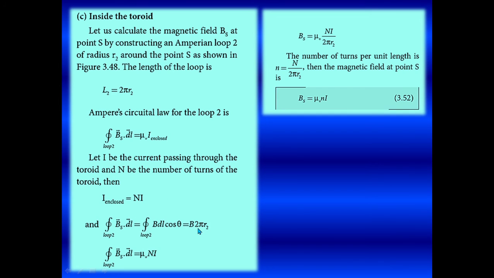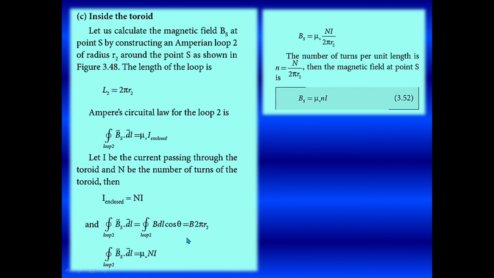So B into 2 pi R2 is equal to mu naught N I, where N is the number of turns of the toroid.